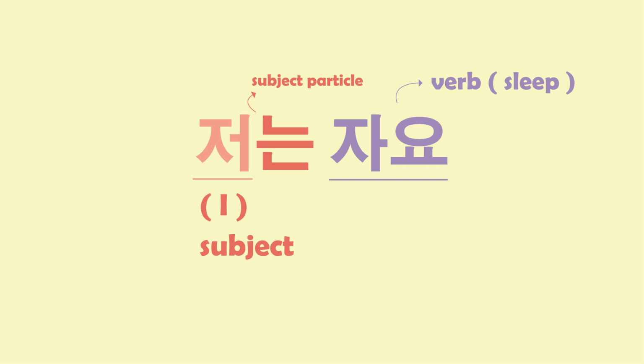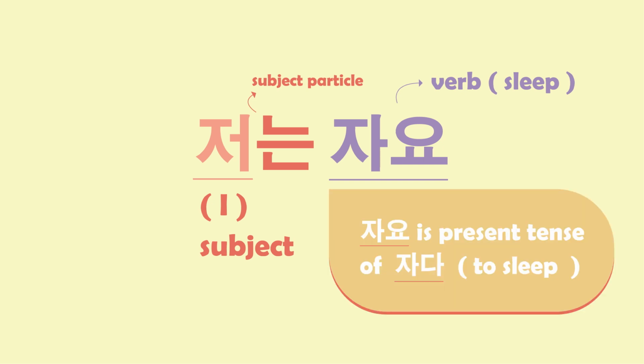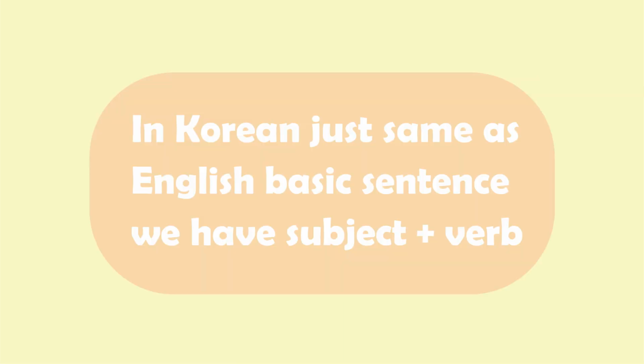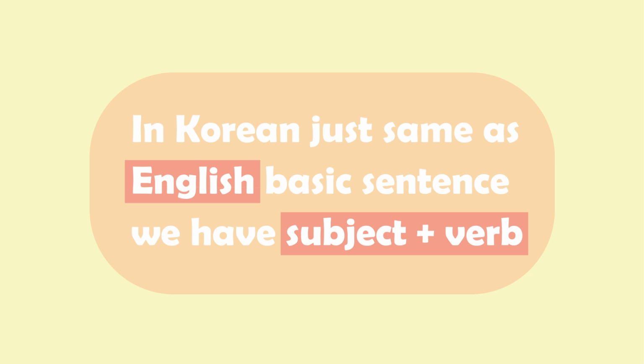That means sleep. 자요 is the present tense of the verb 자다. 자다 means to sleep. So as you see, in Korean, just the same as in English, the basic sentence has subject plus verb.